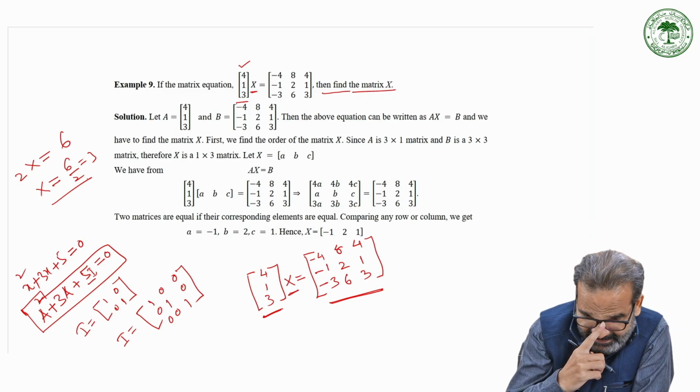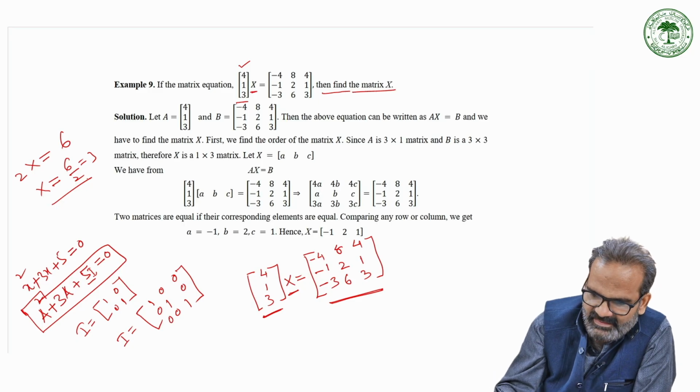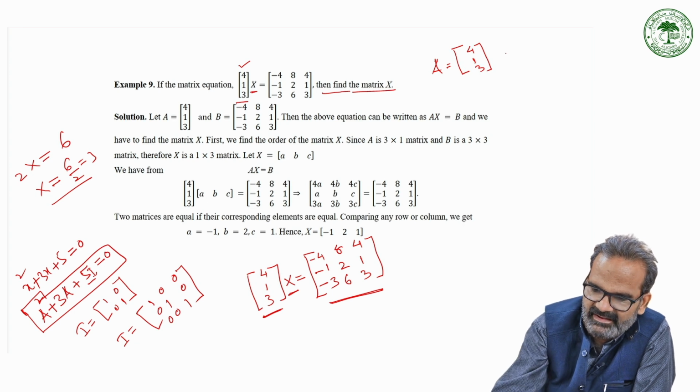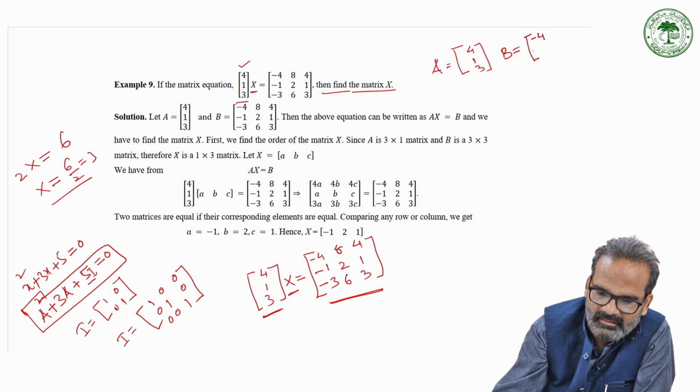See, let A be this matrix 4 1 3, and let B be this matrix, minus 4, minus 1, minus 3, 8 2 6, 4 1 3.